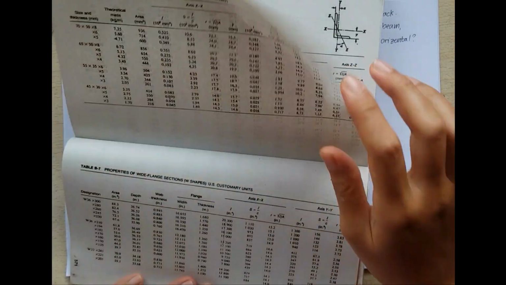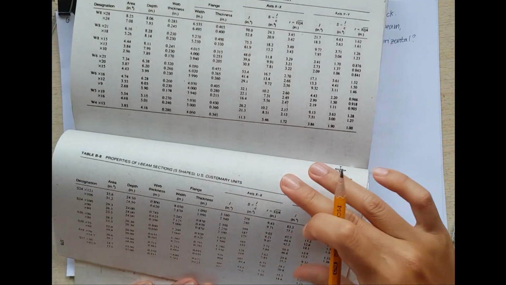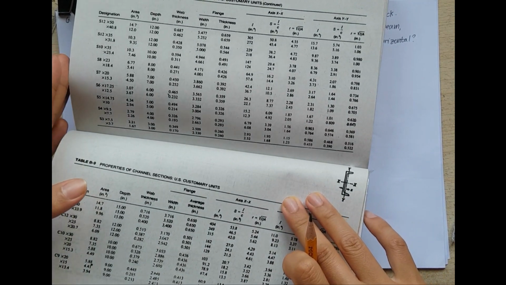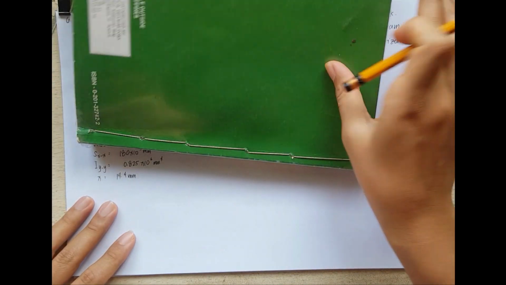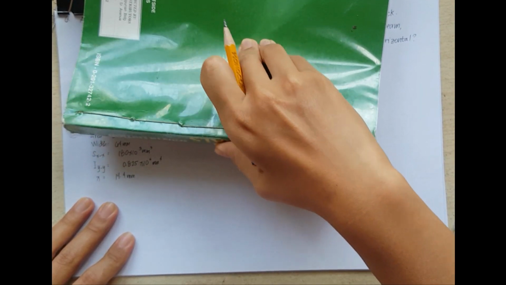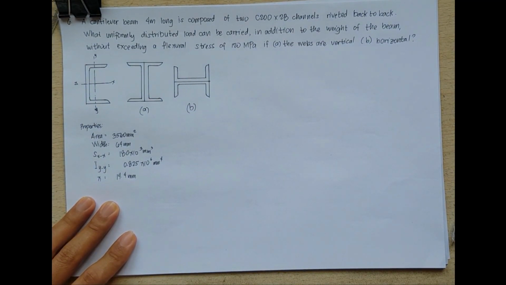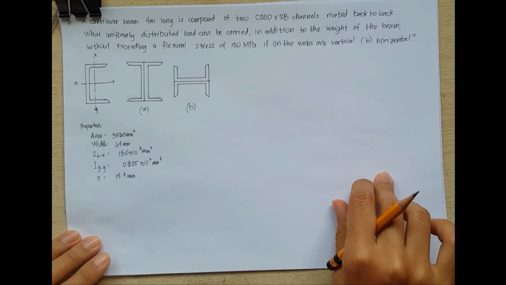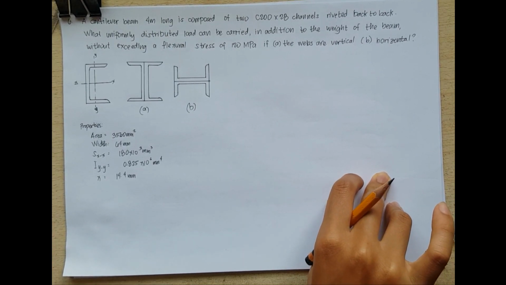Anyway, I will not give much focus on these properties of steel sections kasi you will be having a different subject for that one, which is your steel design. So, makaka-encounter nyo talaga yung different shapes, properties, and different kinds of structural shapes. So this is just a brief discussion.